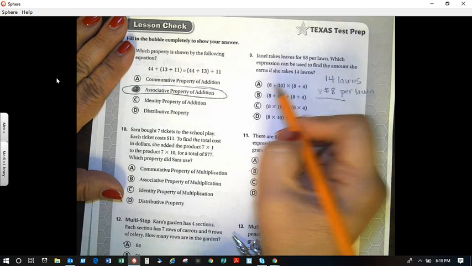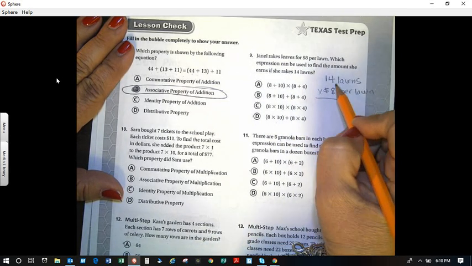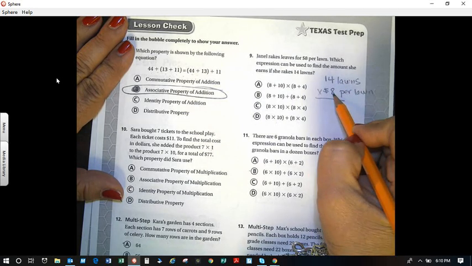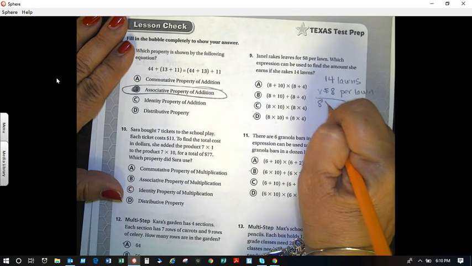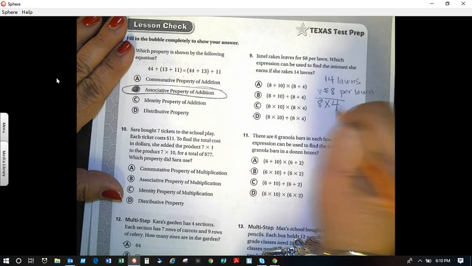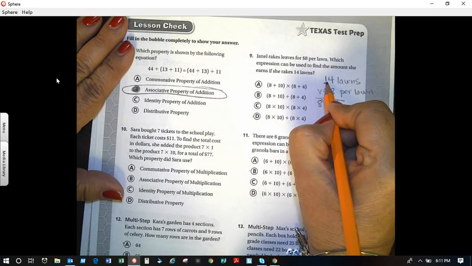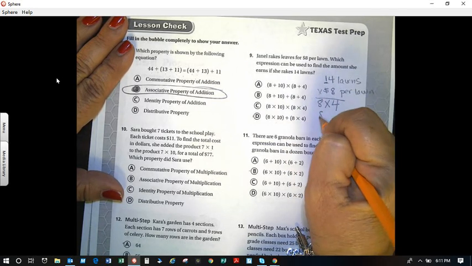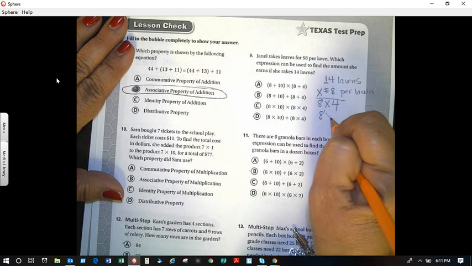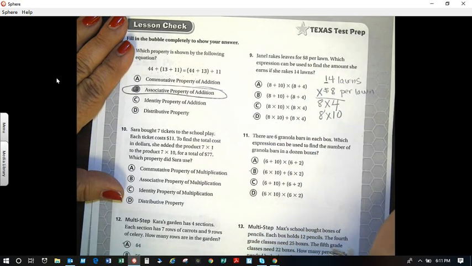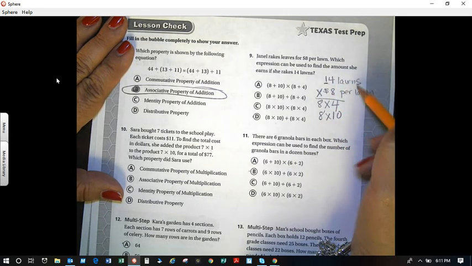Now, when I take here, this would be 8 times 4. This place value here, this 1 is in what place value? Yes, the tens. So this would be 8. You said it was multiplication, so 8 times 10. Which one of these then will fit our equation?